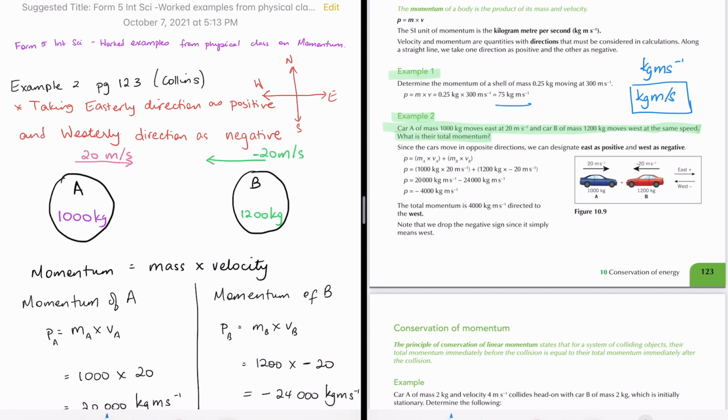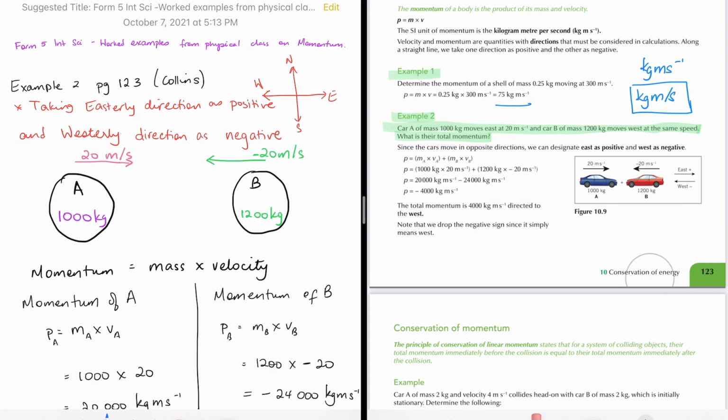We will be looking at linear momentum, so we will only have two directions, left and right, or in this case they are using east and west. If you look at it on a cardinal, then up is north, down is south, to the right is east, and to the left is west.